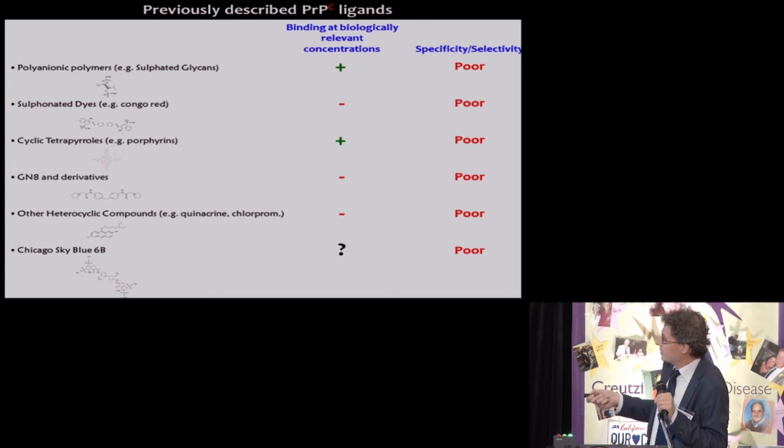This is actually true for the polyanionic polymers and some porphyrin, the iron tetrapyrrole published by the Collins lab, which is a very good antiprion compound, but again, it has poor specificity for PrPC. It has many targets. For other compounds, we were not able to reproduce the original data.